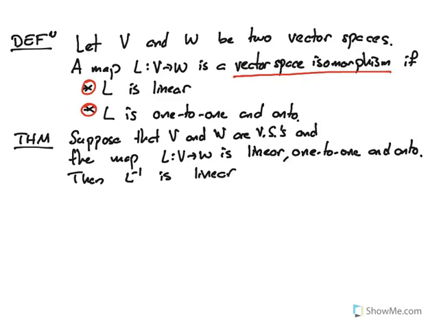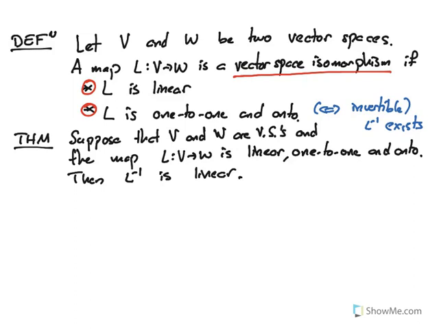Okay, so whenever a map is linear on the one hand and it's one-to-one and onto on the other, these two facts mean invertible. So L inverse exists, and then you can show specifically in the case of vector spaces that the inverse is necessarily a linear map.